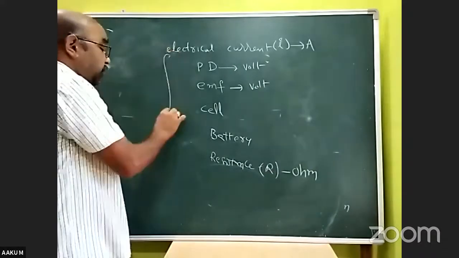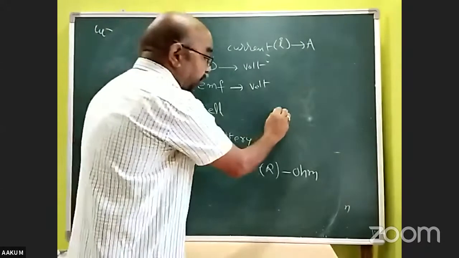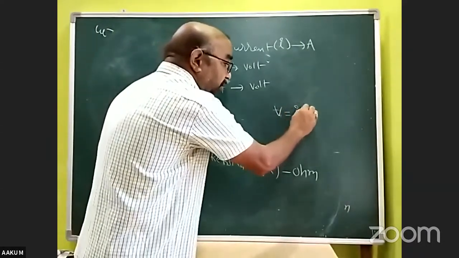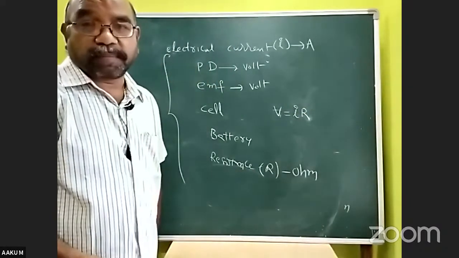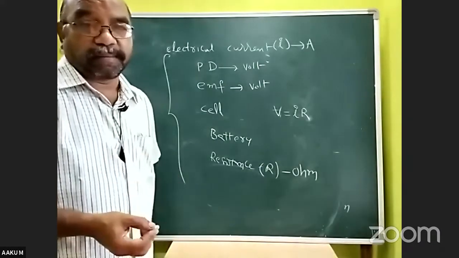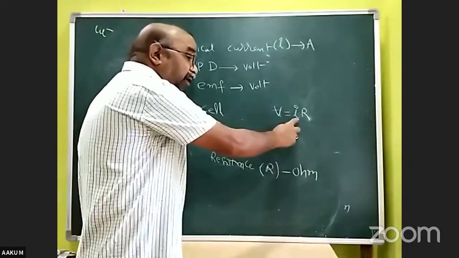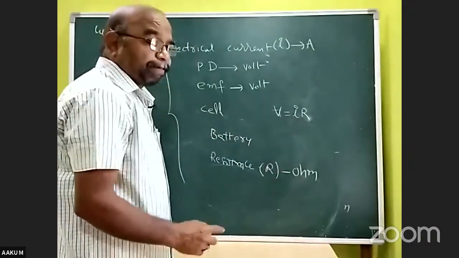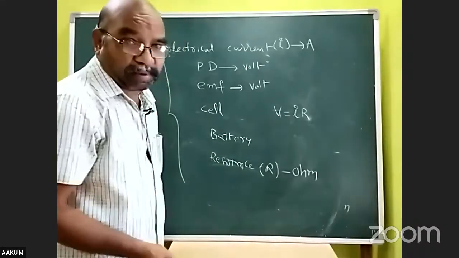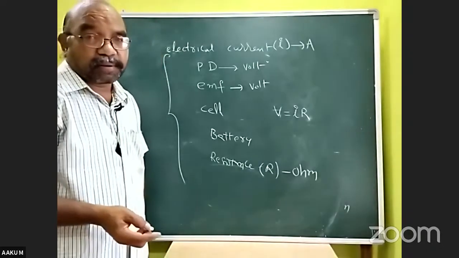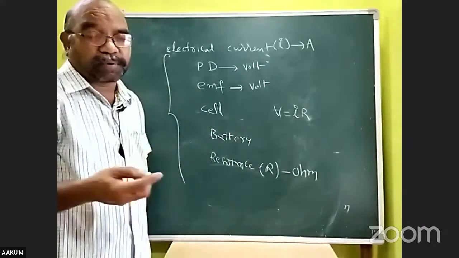We come across Ohm's law also. V is equal to IR. Ohm's law. We know that electrical current in a conductor is directly proportional to the potential difference between the ends of the conductor. This is called Ohm's law.